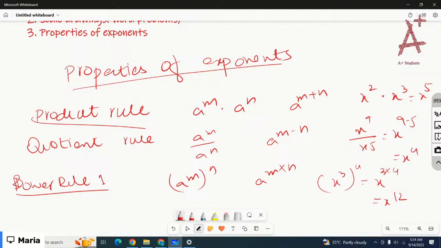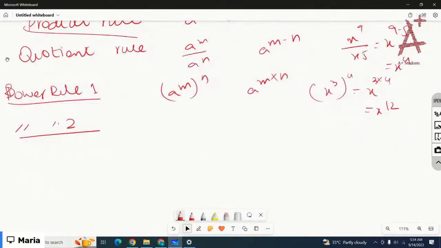Then you have power rule 2. Power rule 2 is if you have something like this, ab exponent m, you can write them like this, a^m and b^m.